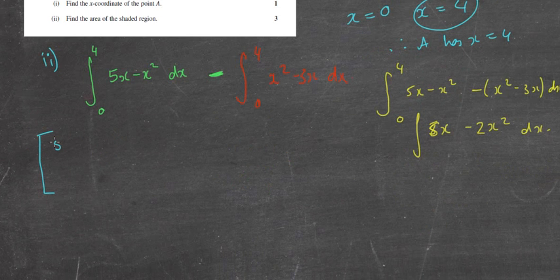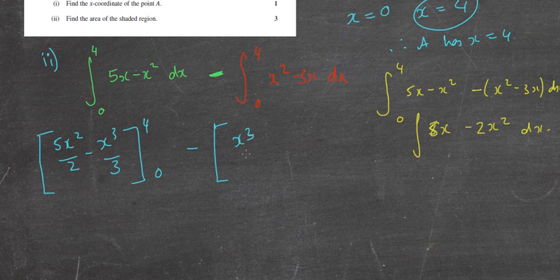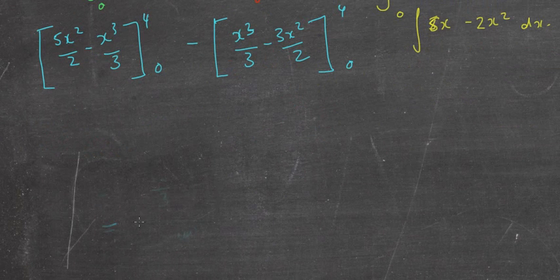In this case, it's going to be 5x squared over 2 minus x cubed over 3, with 4 and 0, minus, and then the next one's going to be x cubed over 3 minus 3x squared over 2. That's also 4 and 0, and then we can simply substitute our x values into it.